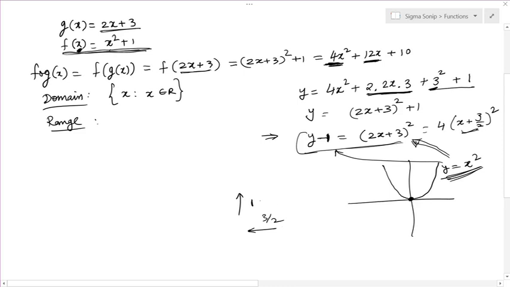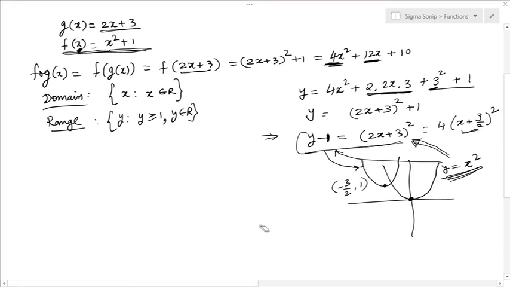So my vertex here is minus 3 over 2 and 1. Looking at that, that is basically the graph of our function here, and therefore the range of our function is that y is always greater than 1. So y such that y is greater than or equal to 1, and y is real.